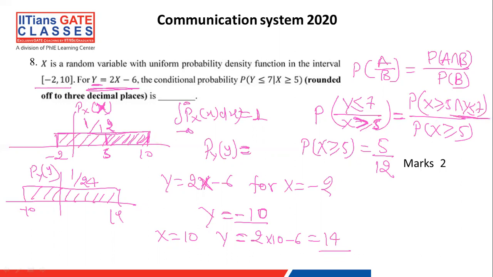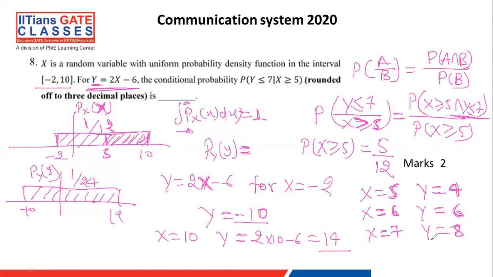Now here we need to see, x is greater than 5. When you put x equal to 5, what will be the value of y? y will be equal to 10 minus 6, which is 4. When you put x equal to 6, y will be equal to 6, and when you put x equal to 7, y will be equal to 8.